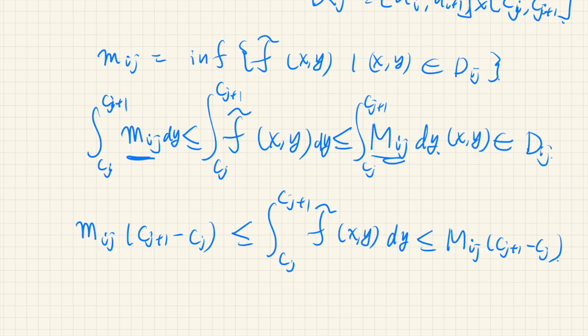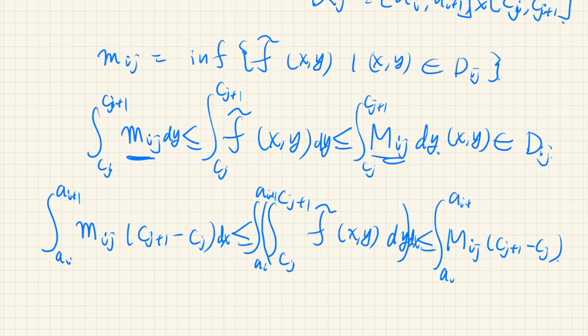And next we integrate again, but this time with respect to x, from ai to ai plus 1 dx. And of course, this is a constant, and this is a constant.